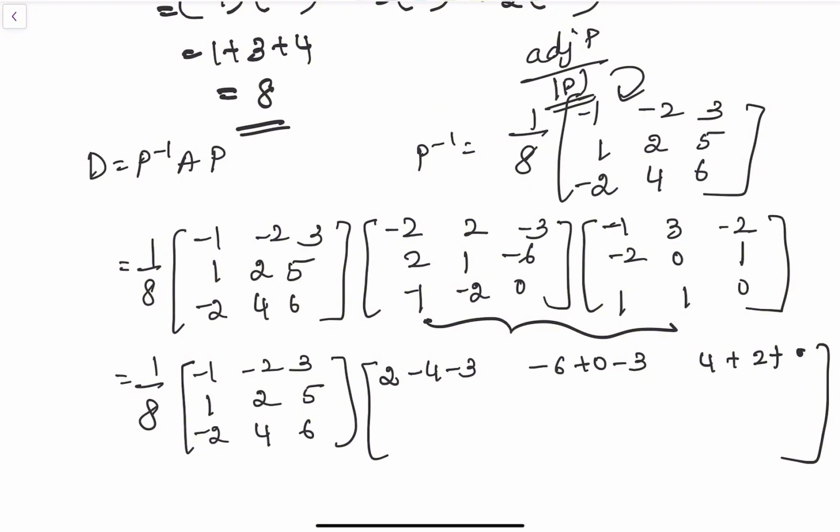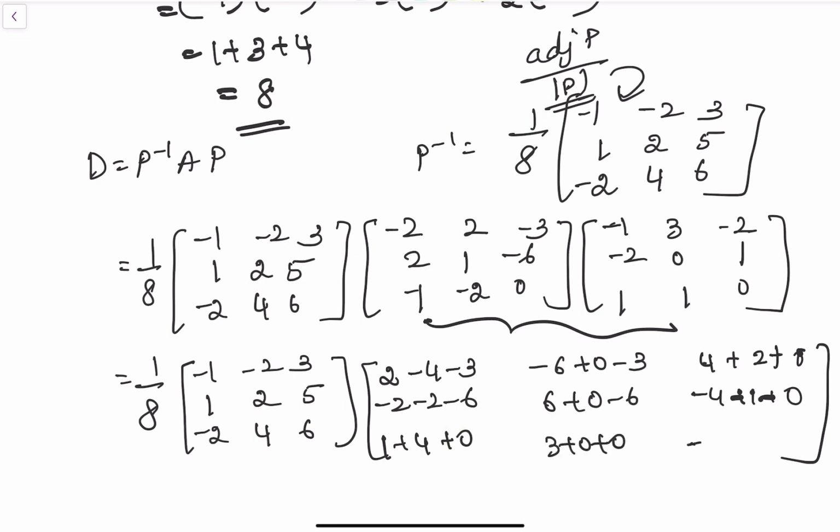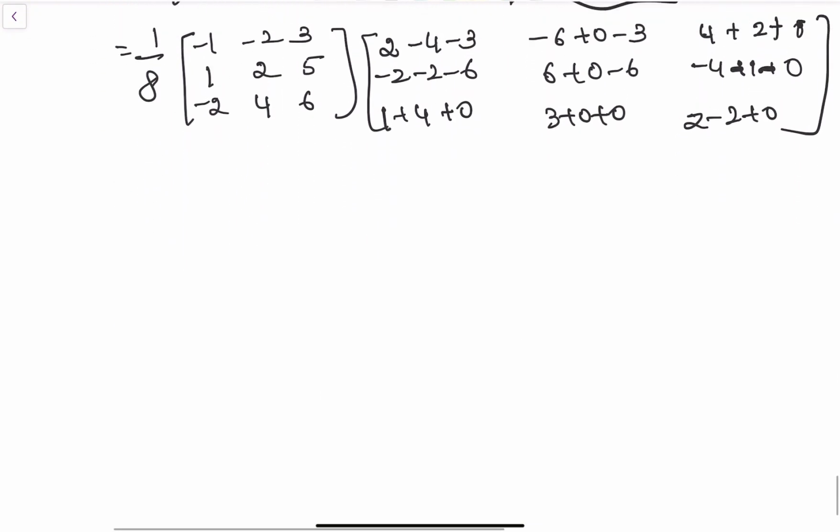Now for the next term, it will be 2 into minus 1, which is minus 2, minus 2, minus 2, minus 6, 6 plus 0, minus 6 and minus 4 plus 1 plus 0. The last one is plus 1 plus 4 plus 0, 3 plus 0 plus 0, 2 minus 2 plus 0. So now solve.